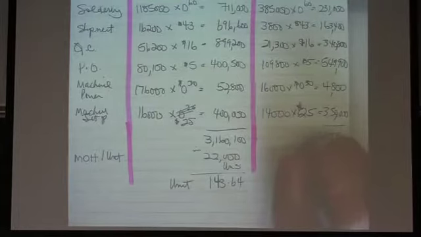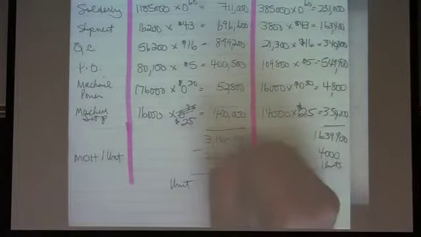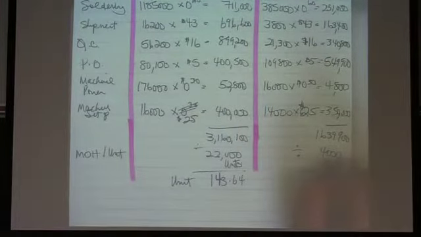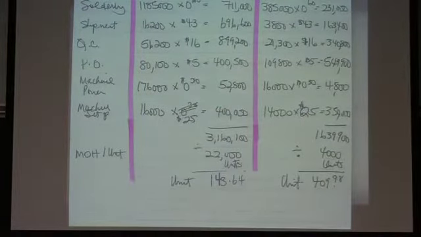And this one is 4,000 units. And that gives us $409.98 per unit.